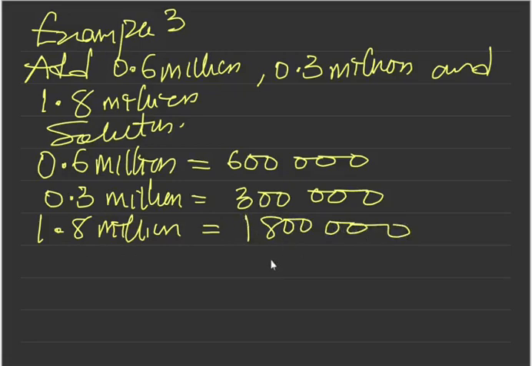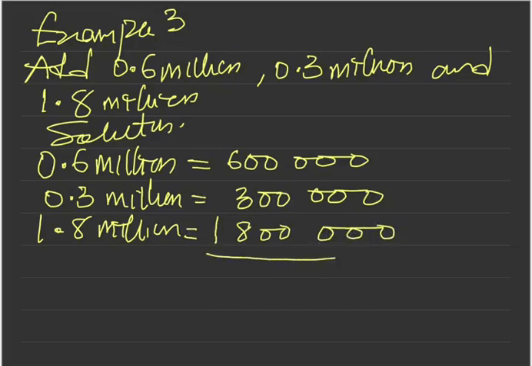In adding these together, let me write the 1 million, so it will be easy to add. Let's put the 1 here. This is 800,000. So let's add everything together.